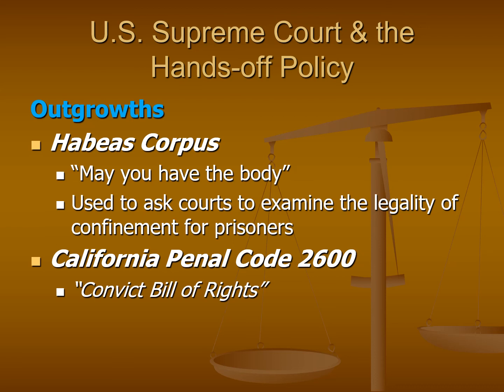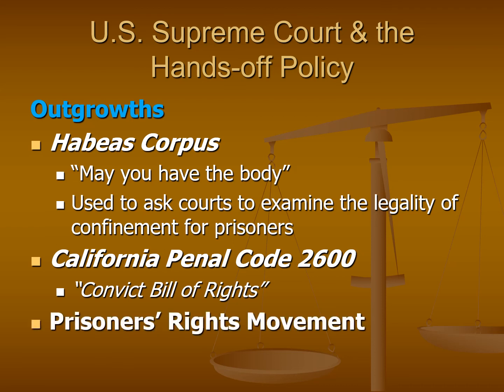They may not have all the freedoms and liberties of a free citizen, but the law began to recognize when the courts, or the correctional system, had overstepped and infringed upon their rights in the past. And this led to the prisoners' rights movement.